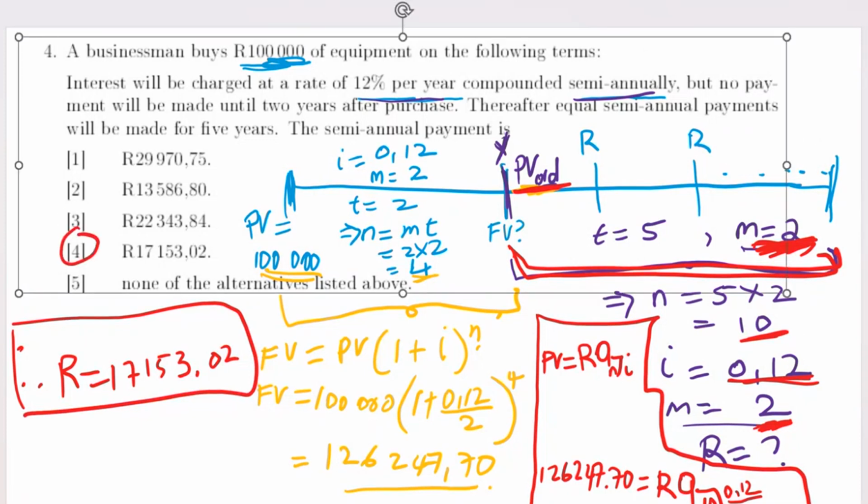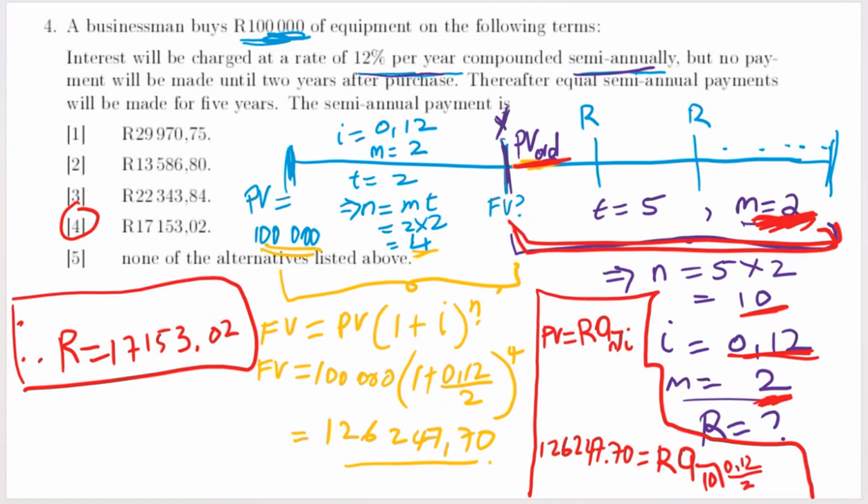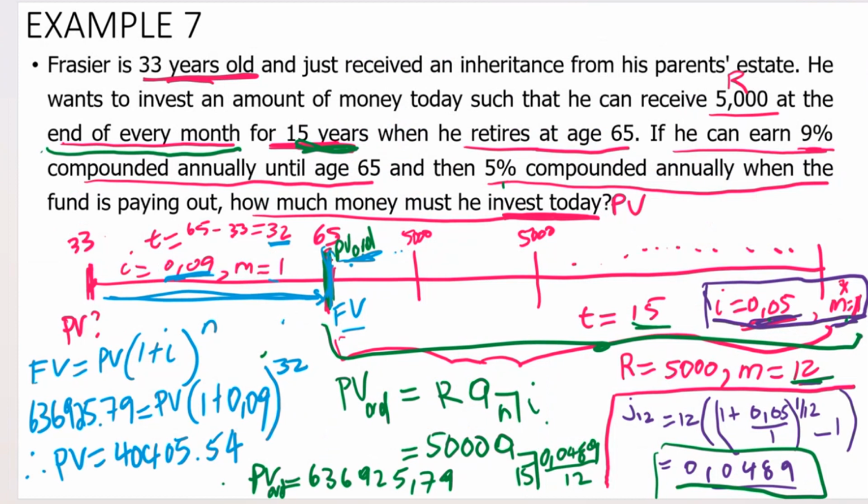What I've done here was to contrast two examples. In one example, you don't know the present value of your normal investment. That was the previous example.